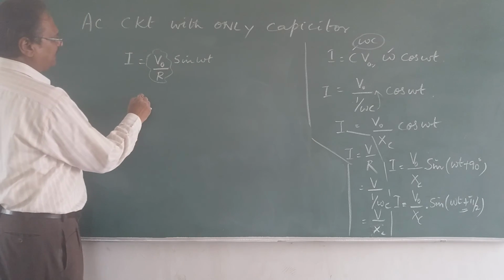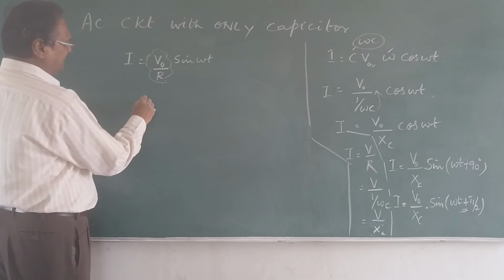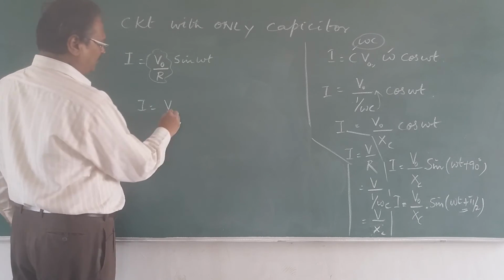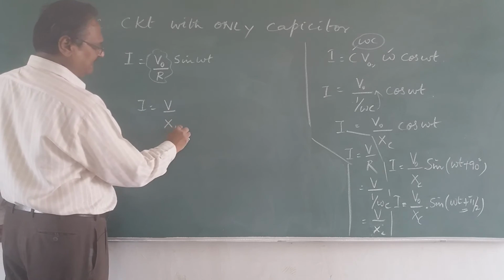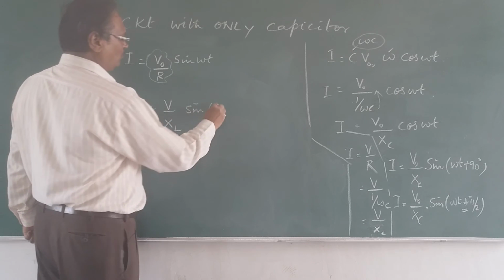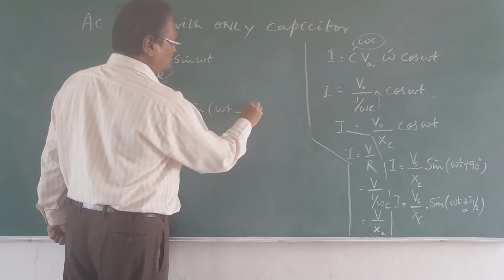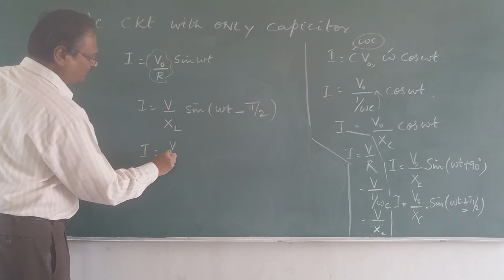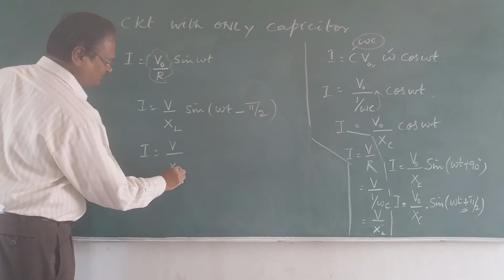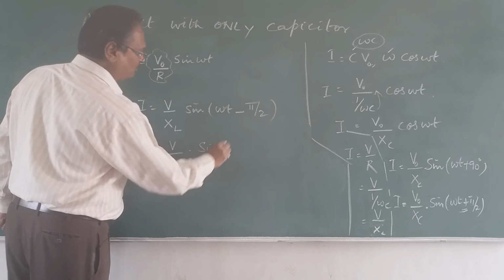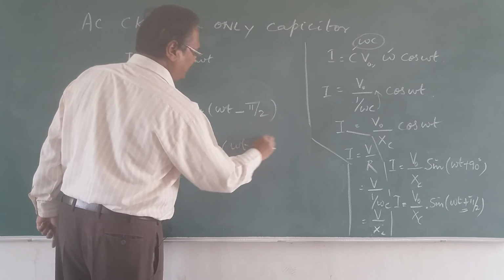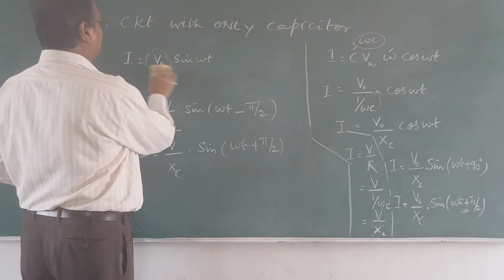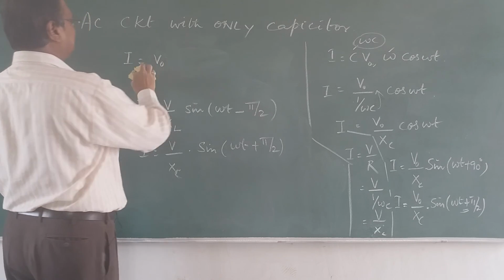But in the case of an inductor, we said that I is equal to V upon XL into sin of omega t minus pi by 2, and for capacitance, I is equal to V upon XC into sin of omega t plus pi by 2. So let me do it properly for you. You may get a doubt at this point: how is sir getting it like this?